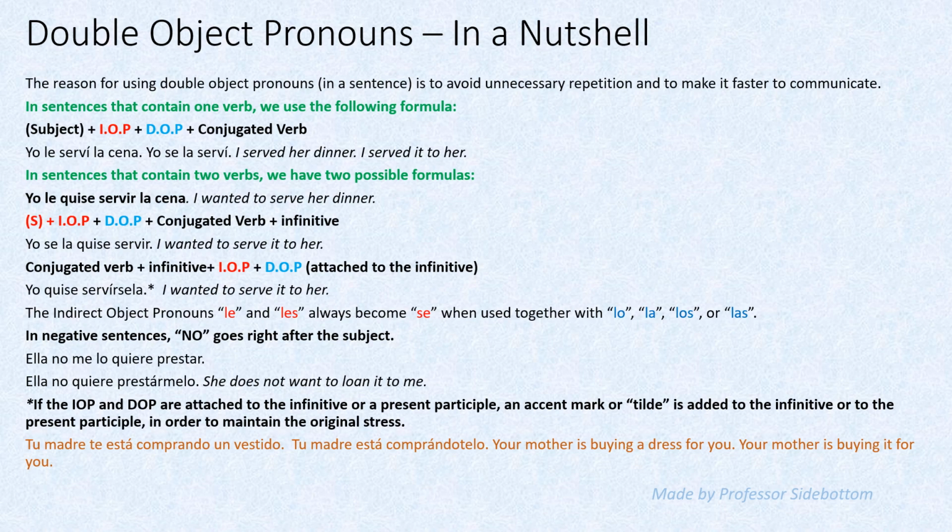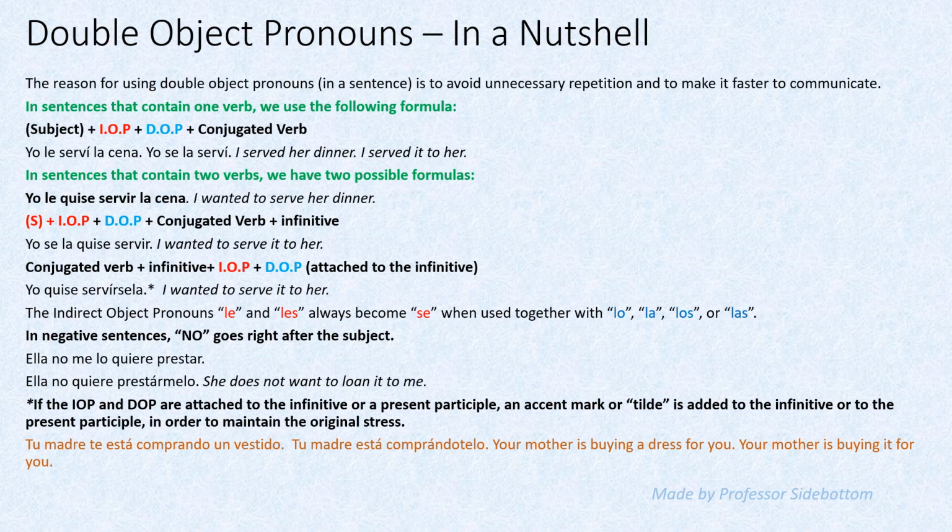In sentences that contain two verbs, we have two possible formulas. Either we put the IOP and DOP at the beginning before the conjugated verb detached, or we can attach the IOP and DOP to the infinitive, or if it's a present progressive, we attach it to the present participle.